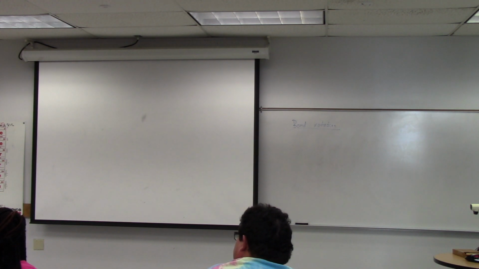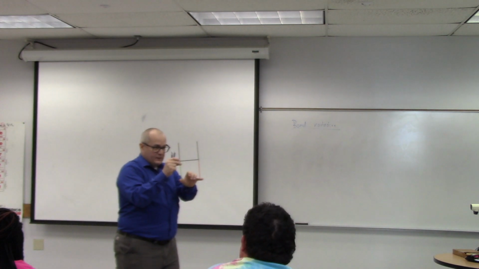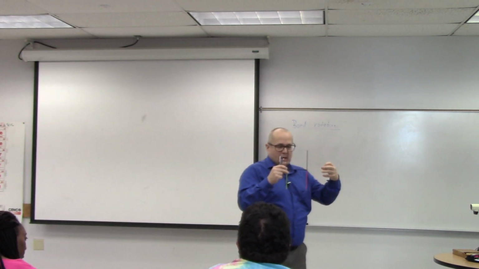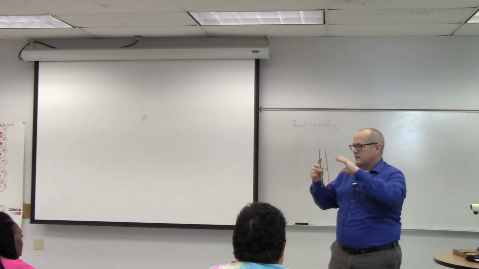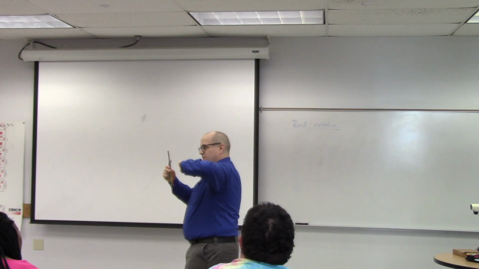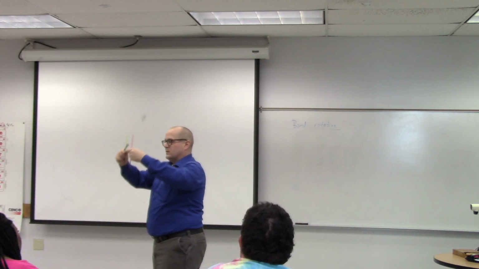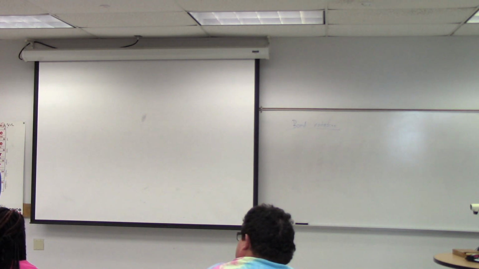Are you with me? Now, remember, these things are connected, right? On the top and on the bottom. They're actually connected. They're blending together. So in order for this bond to rotate, these bonds have to rotate too, right? Because they're connected. Are you with me? So when this bond wants to rotate, say, this way, the entire molecule is going to rotate that way. This carbon and that carbon have dual connections.